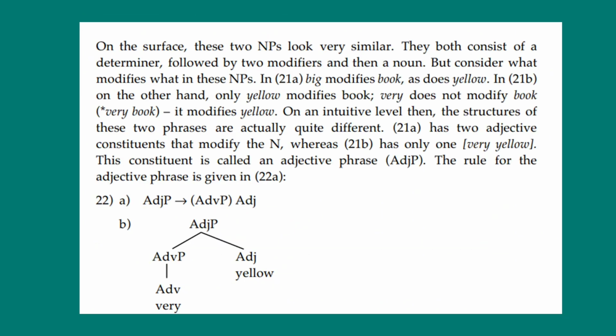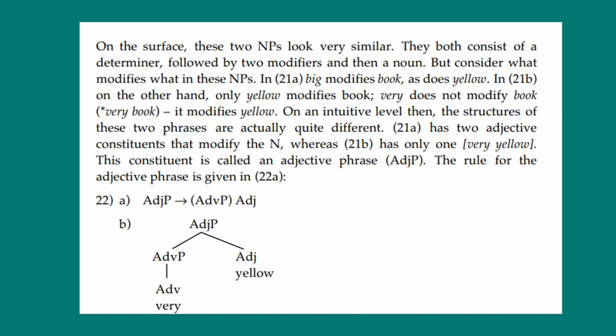On the surface, these two NPs look very similar. They both consist of a determiner followed by two modifiers and then a noun. But consider what modifies what in these NPs. In 21A, big modifies book, as does yellow in 21B. On the other hand, only yellow modifies book. Very does not modify book, very book; it modifies yellow.